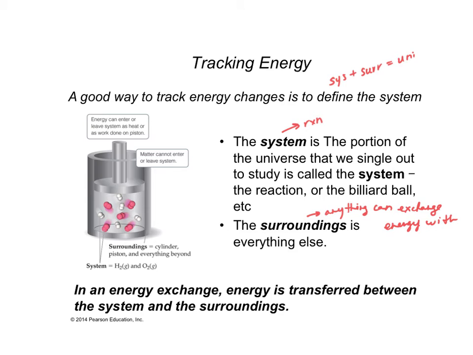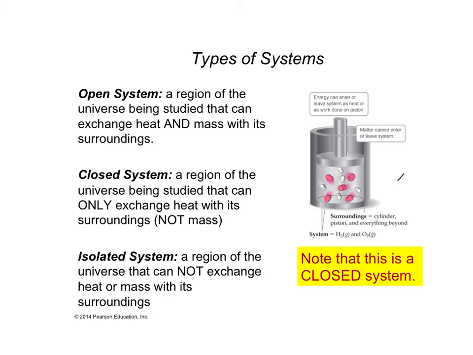Okay, so there are a couple of different types of systems depending on what can be exchanged between them. The first type of system that we defined is something called an open system. In an open system, we can exchange both energy as well as matter with our surroundings.